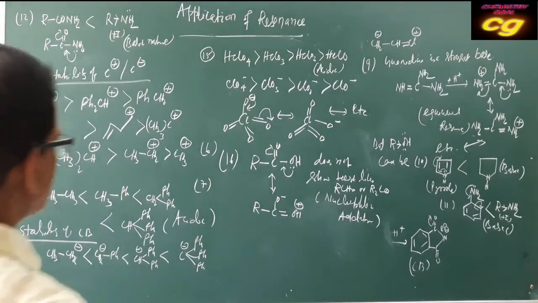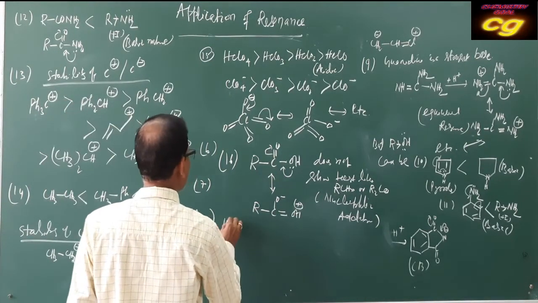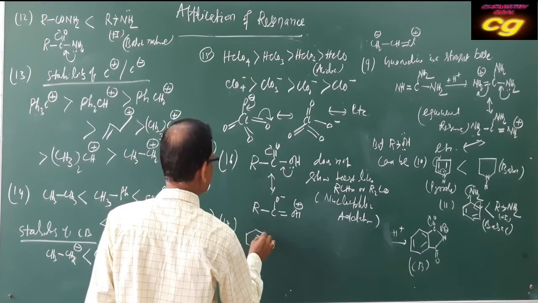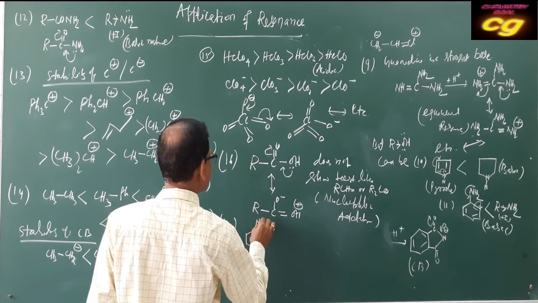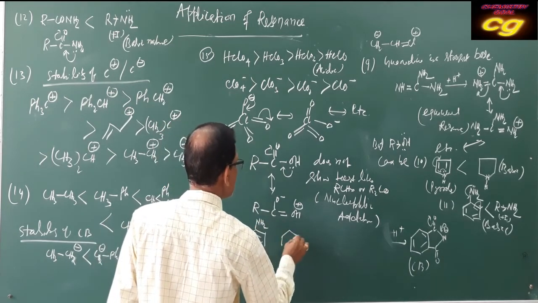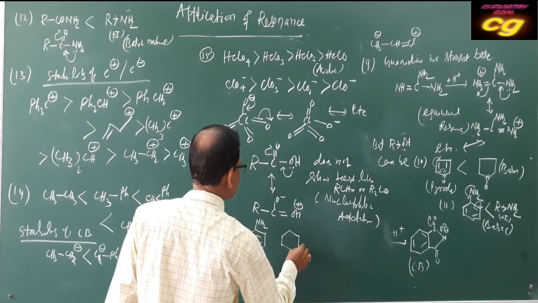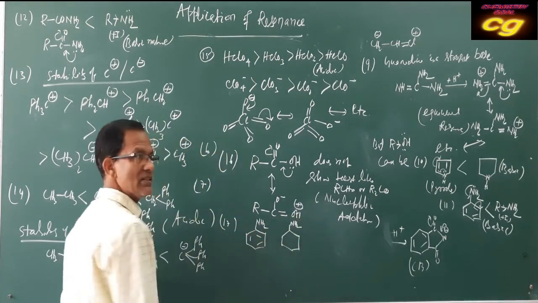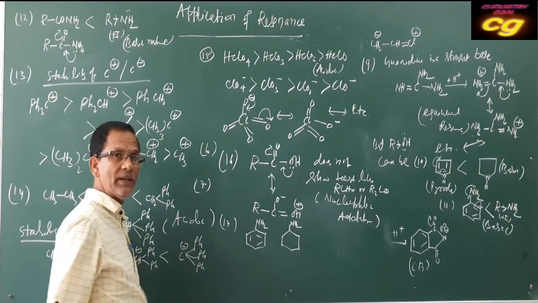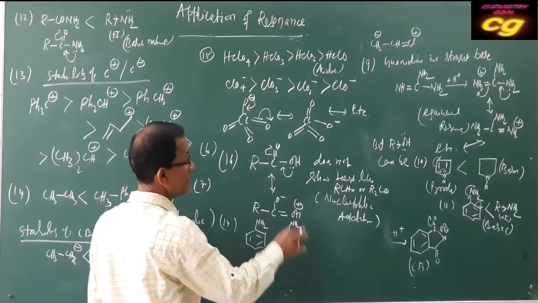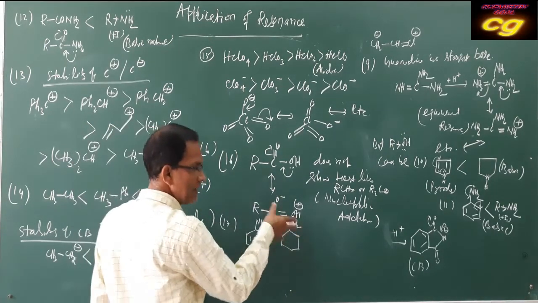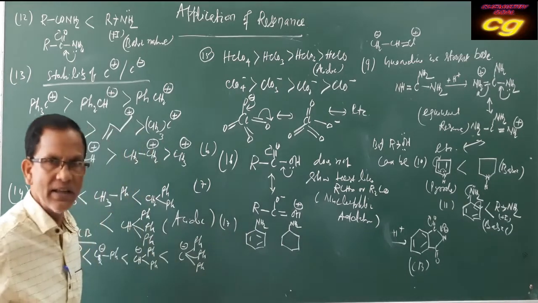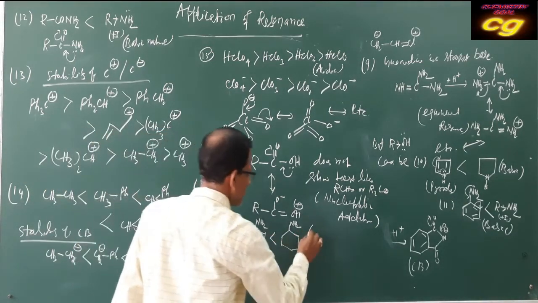So this is a very important property of carboxylic acid. If you see the basic character, compare another example: this is aniline, a cyclic aromatic amino compound, and this is an alicyclic amino compound. Aniline is less basic.